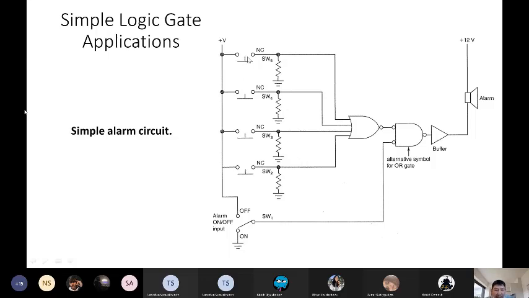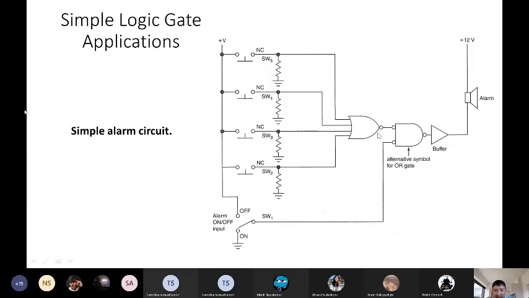For example, it can be the switches on your car doors. You know, a car has four doors, right? I don't know how you would do it, but you can somehow connect switches to the doors. And when you open the door, for example, this switch will be closed, and we will apply it to the input.